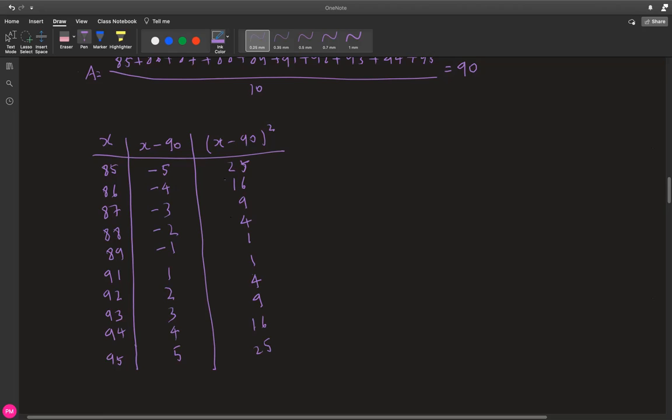So now we have found the square deviation for each point in the data set, and it's simply found by taking each number from the second column and squaring it.